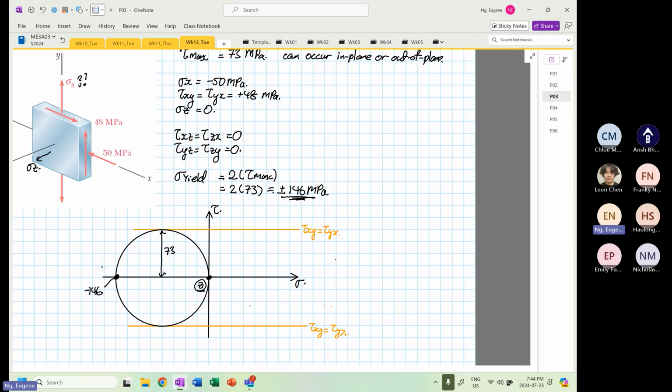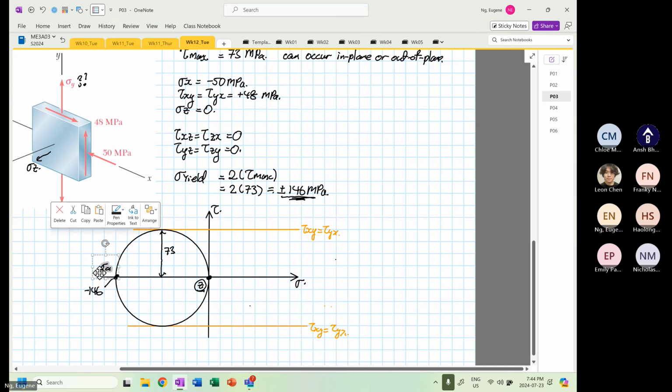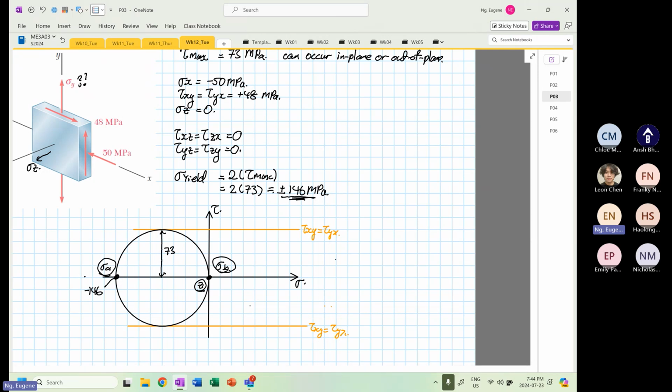Again, this over here is stress A, and over here, this is our stress B. That is why we say the yield is at 146.